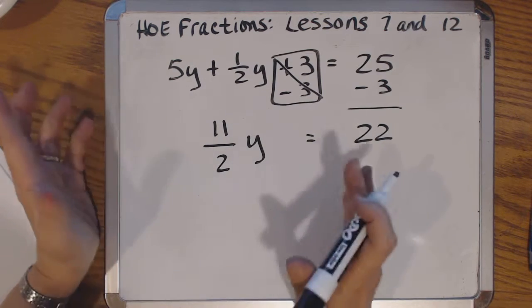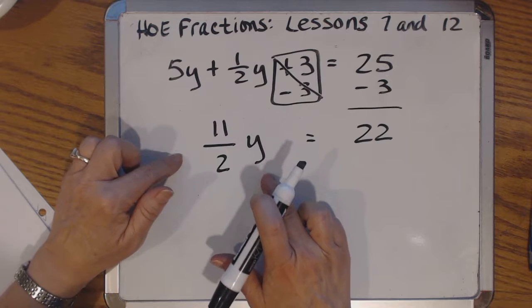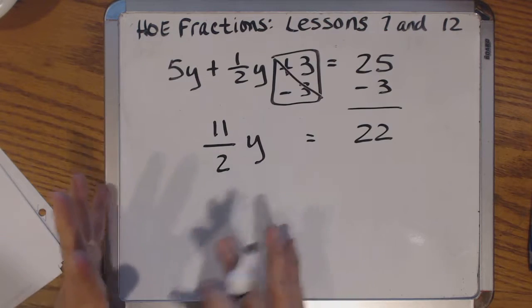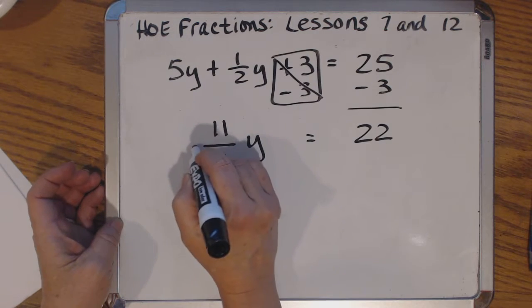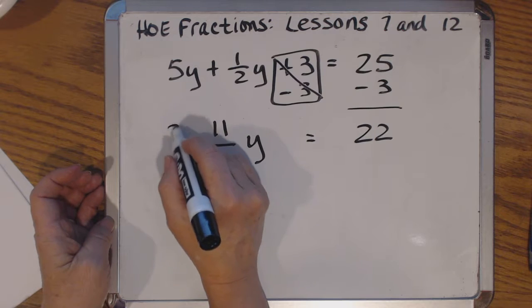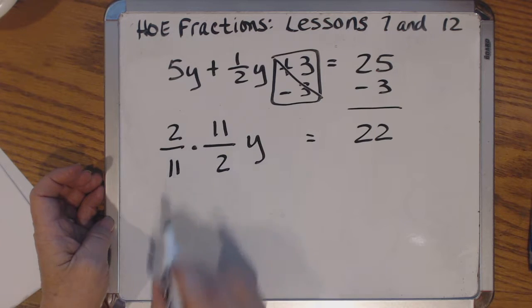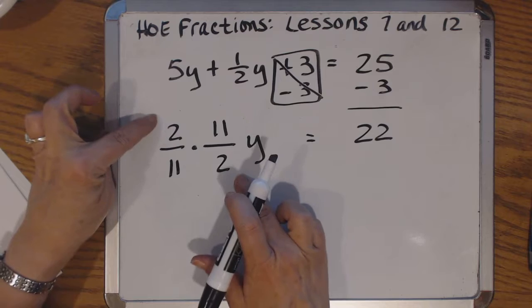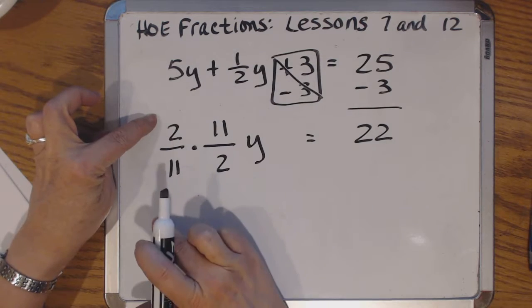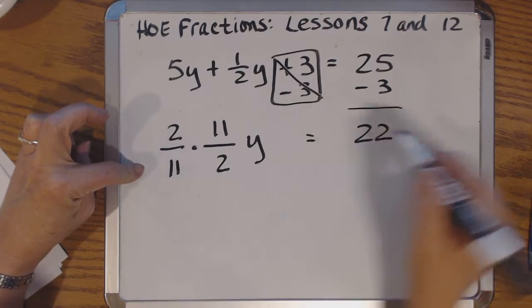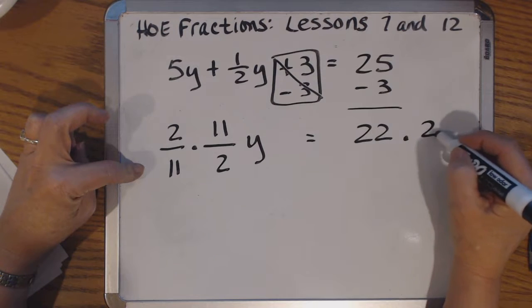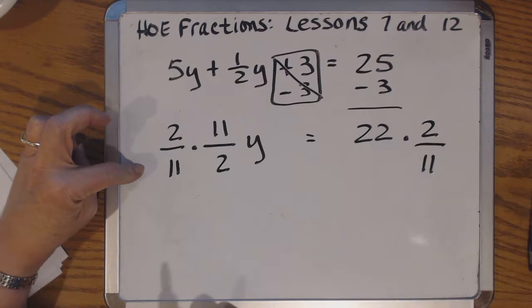Okay, there's another way to do this. I'm really trying to get y by itself. So from an algebra standpoint, what I can do is multiply by the reciprocal, because when I multiply by this reciprocal, I'm going to get 1. And if I multiply this side by the reciprocal, then I have to multiply the other side by the reciprocal.